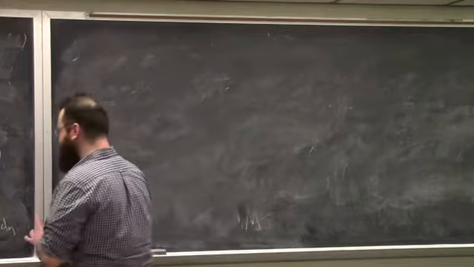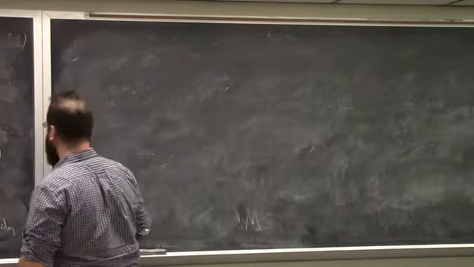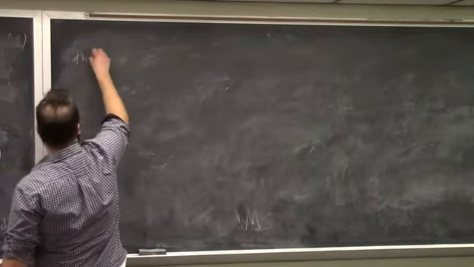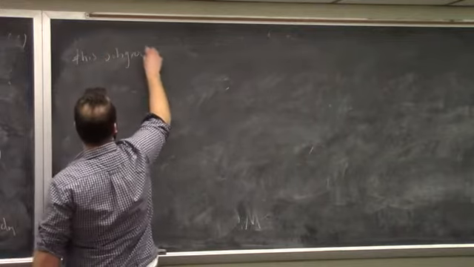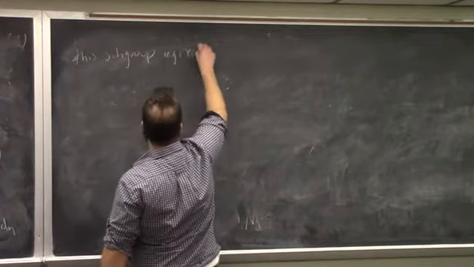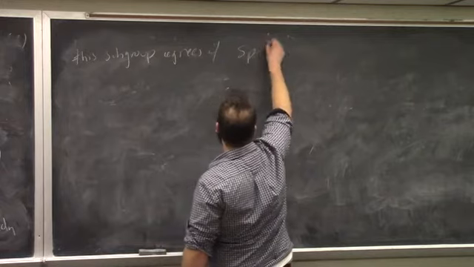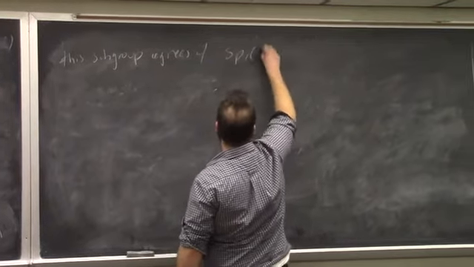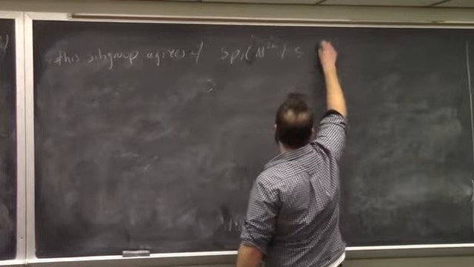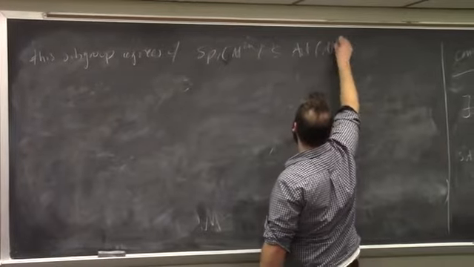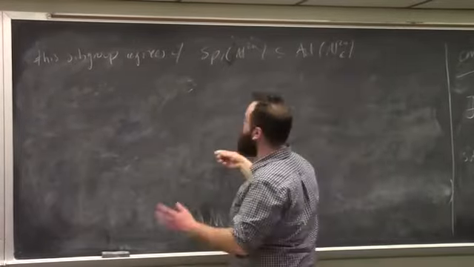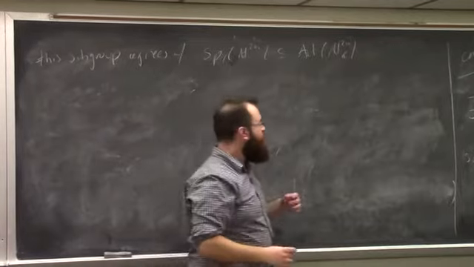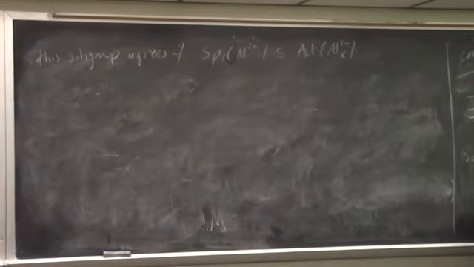So these are linear symplectomorphisms, and this subgroup agrees with Sp2n. That's sort of normalizing things, and that's why the image is supposed to agree with the symplectomorphisms.